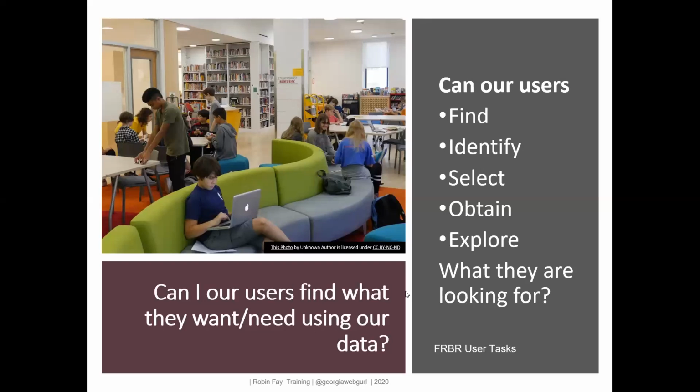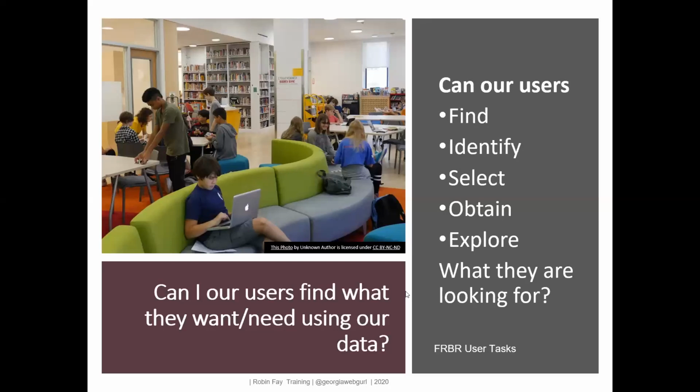And then finally, this is a new one for us in the cataloging world. Can they explore? And this is this idea of serendipity or browsability or discoverability. Can they discover other things that are related to that particular resource? So as a cataloger, does the data that we create allow this process to happen?